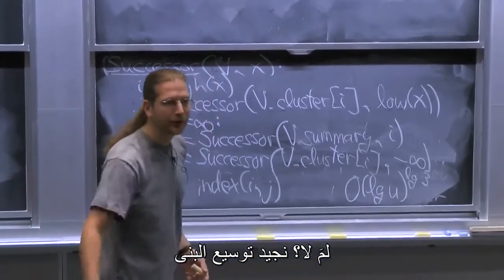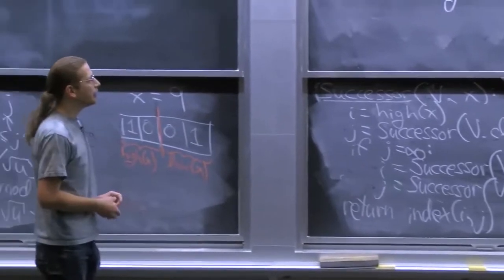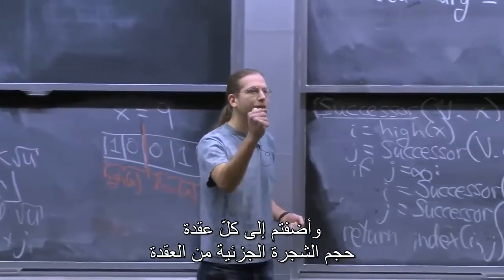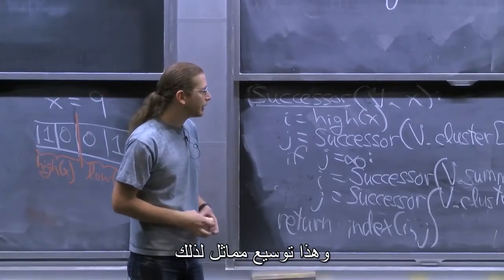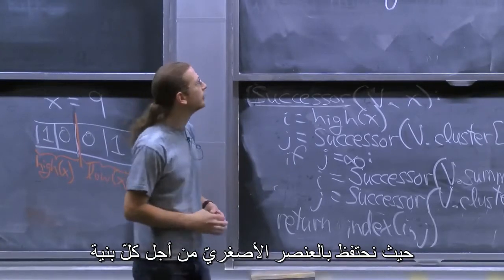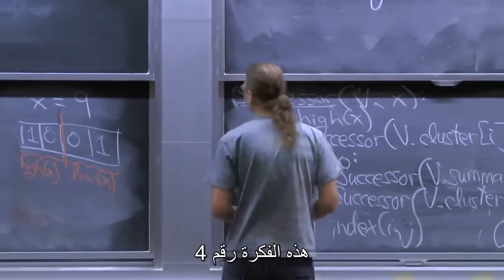Why not? We know how to augment structures. In 006, you took an AVL tree and augmented every node to store the subtree size of the node. In this case, we're doing a similar kind of augmentation. Just for every structure, keep track of what the minimum is. So that will be idea number 4.